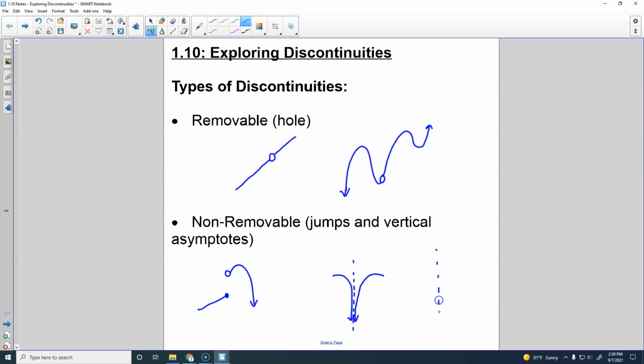Sometimes the vertical asymptote, like in natural logs or something, might look like this. It might just be from one side. It might go to positive and negative infinity, but you have it quite like this.